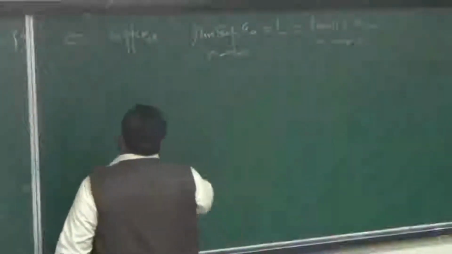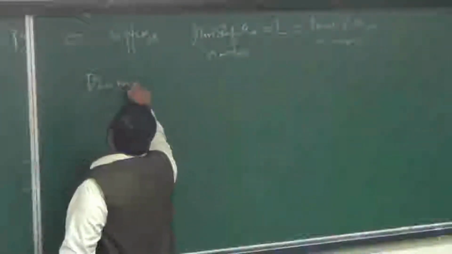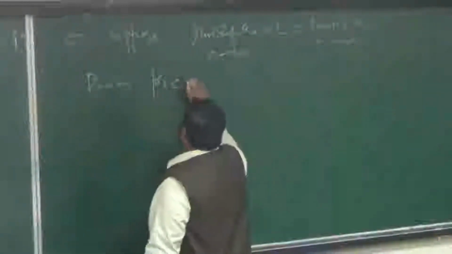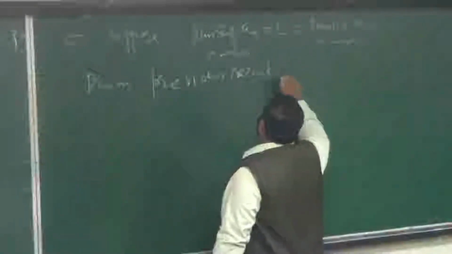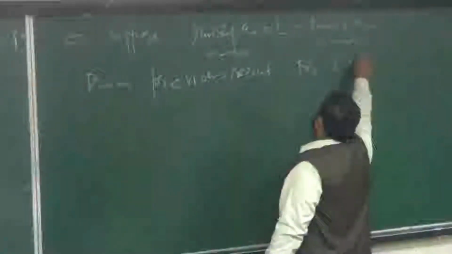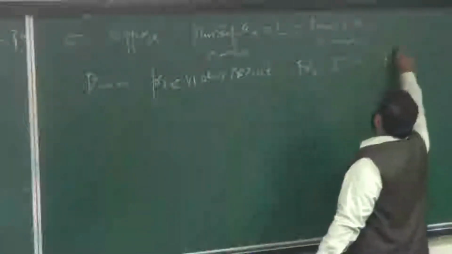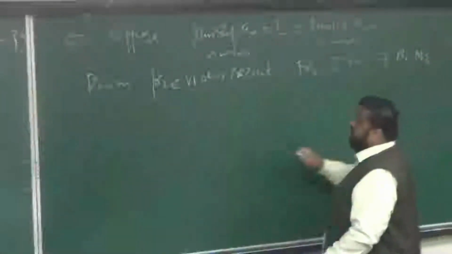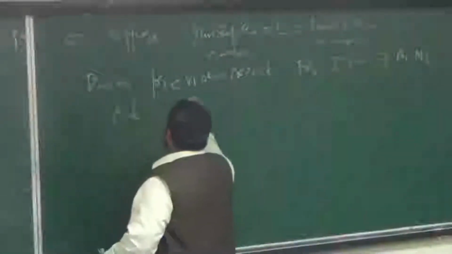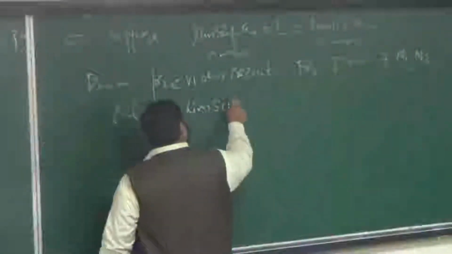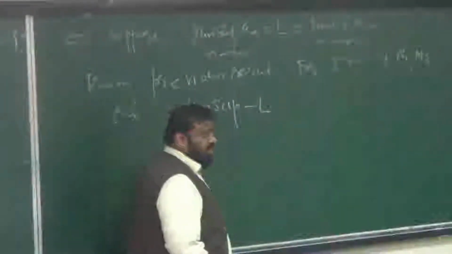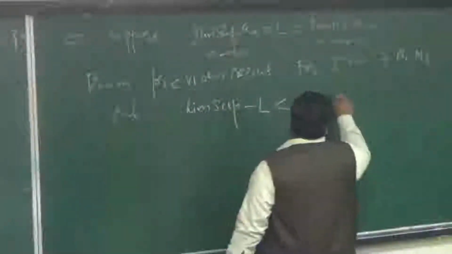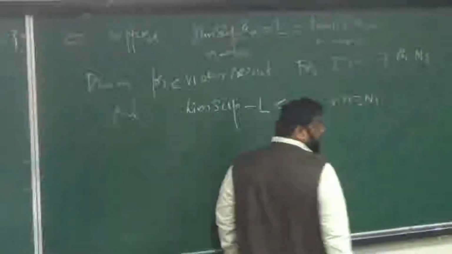Our objective is, okay. So one side's inequality will be from lim sup, and one side's from lim inf. So we proved from the previous result, we know that for epsilon positive, there exist n1 and n2 such that the distance between lim sup, okay, minus L is less than epsilon for all n bigger than or equal to n1.